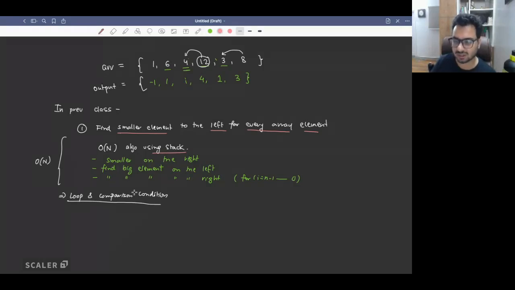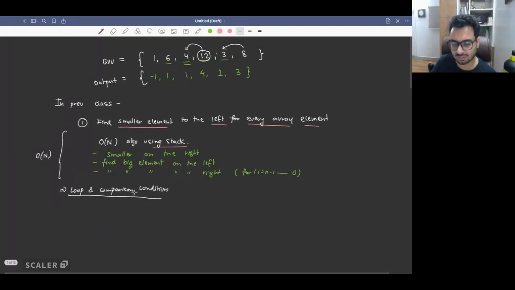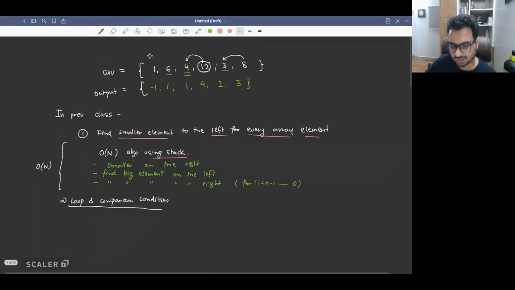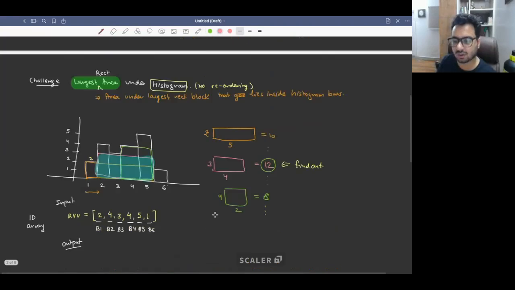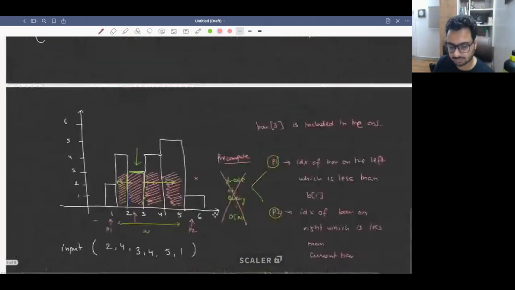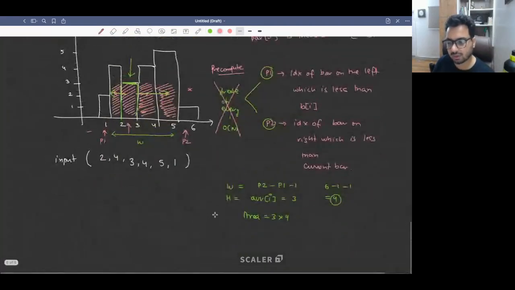We built this algorithm in the last class. Do you remember? Yes or no? See, we did this, right? For 8, we know the previous smaller element is 3 and it is present at this index, right? So we noted the element, we can also note down the index. So this we have already solved for. The P1 P2 part is something we have already solved for.